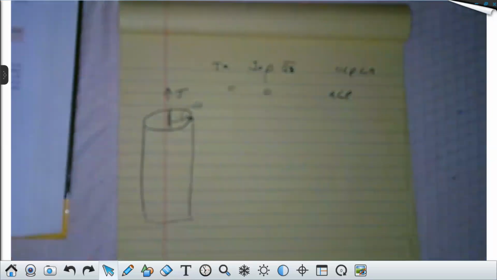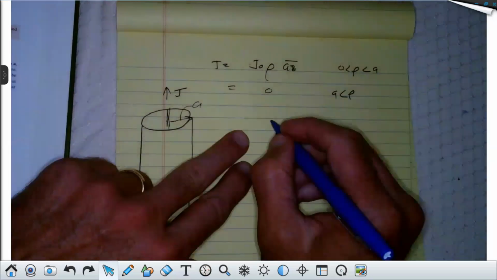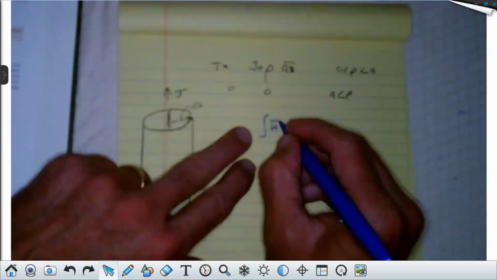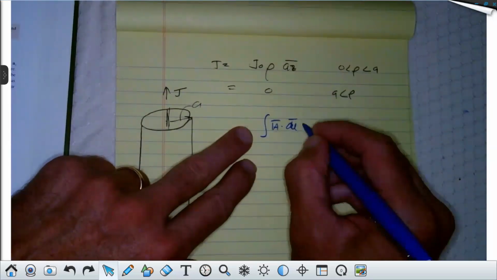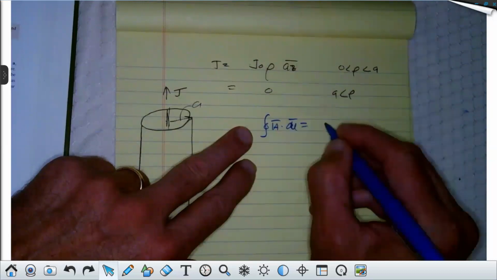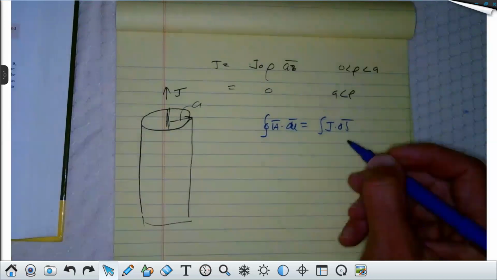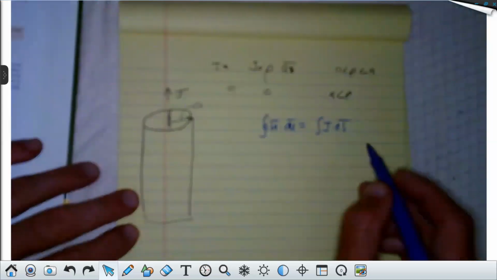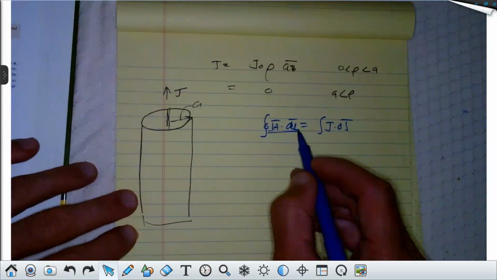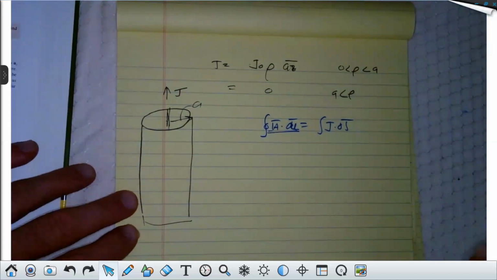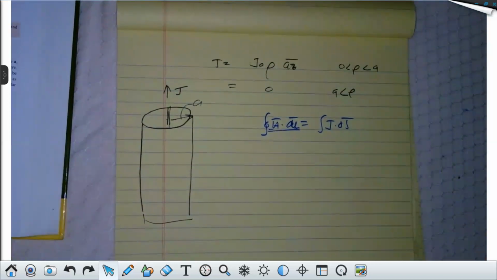Now, Ampere's law says the integral of H dot dl, closed, is equal to the integral of J dot ds, or the I enclosed. That's Ampere's law. When you take a look at this one, it's the same kind of thing that happened when we had Gauss's law.